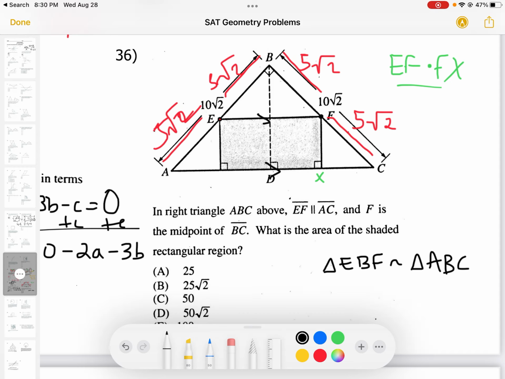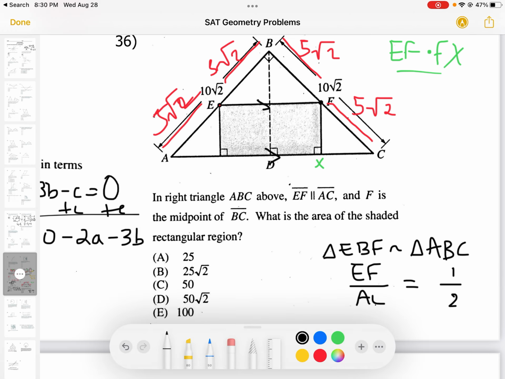And the similarity ratio between these two is 1 to 2. Which means EF, which is what we want to find, over AC is equal to 1 over 2.